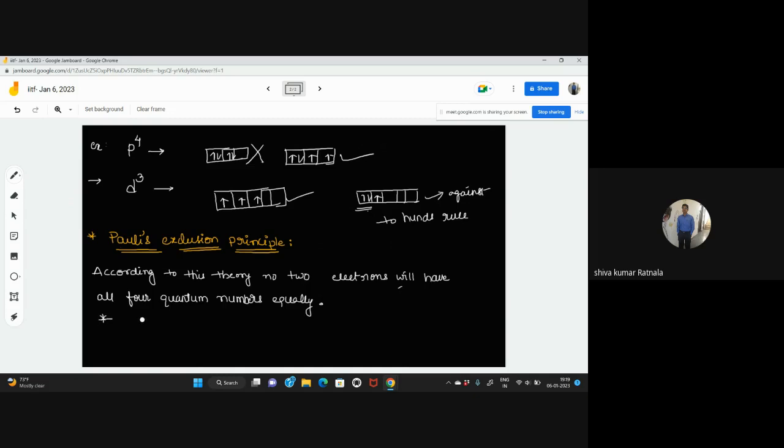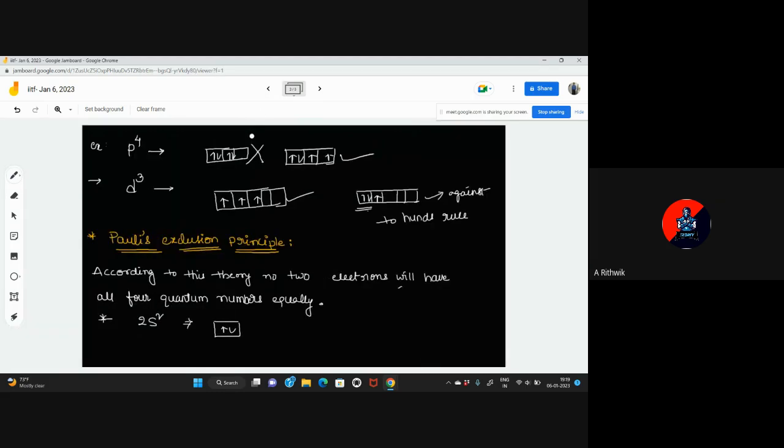Now, for example, I'm writing the 2s2 electronic configuration. That means there are two electrons in the s orbital, and that s orbital belongs to the second shell. If I use the box method, we can write like this: a box with two arrows, two electrons.